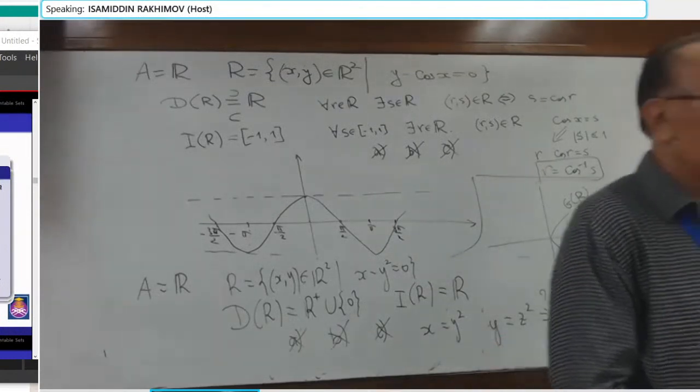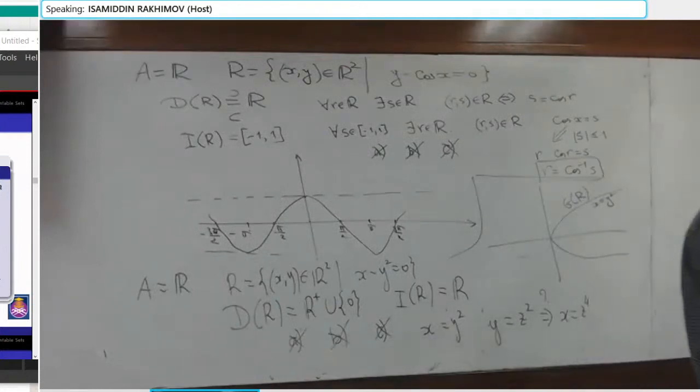In a general way, any shape in your Cartesian plane corresponds to some relation.